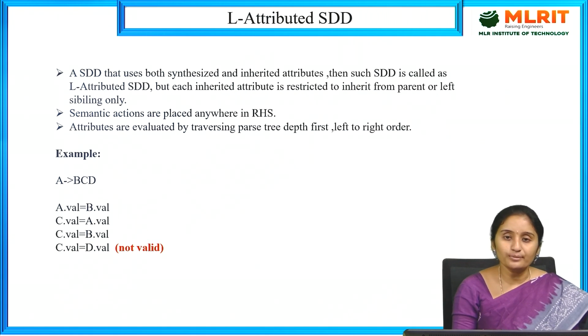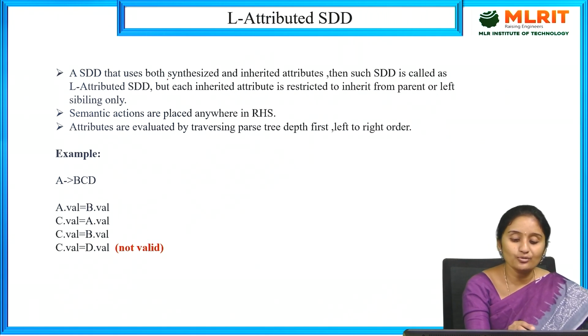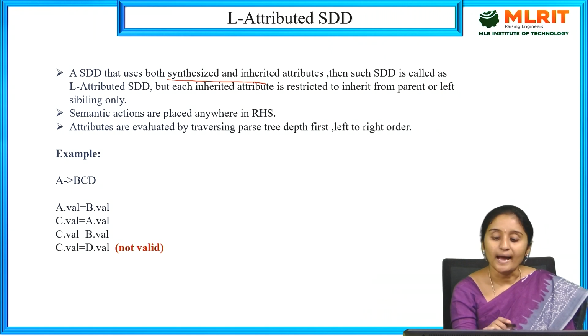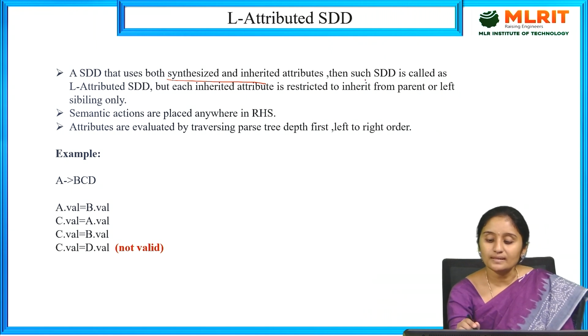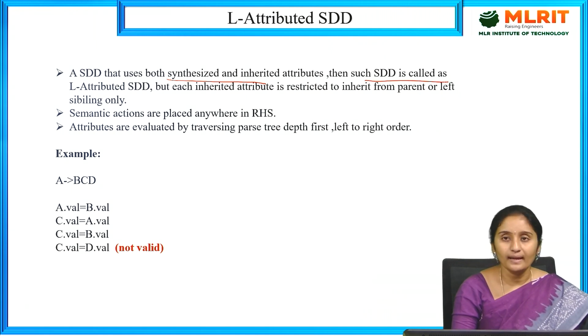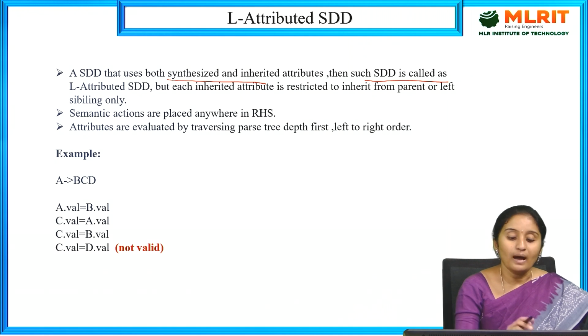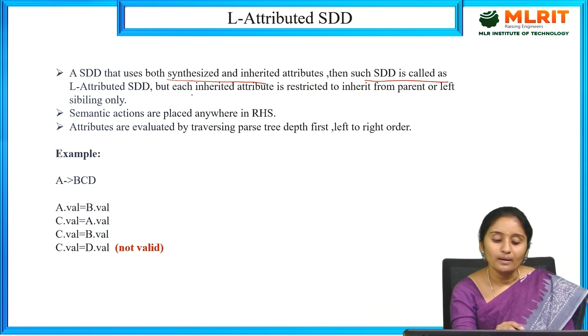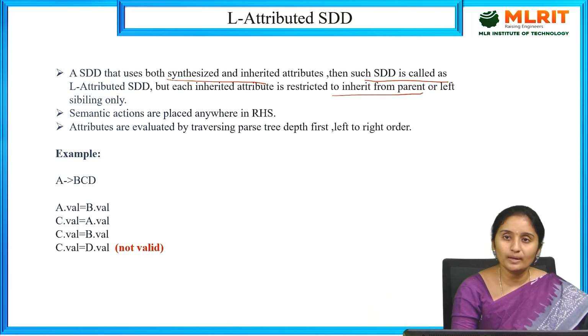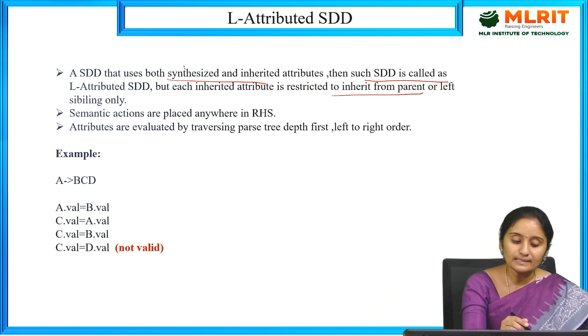Next, L attributed SDD. An SDD that uses both synthesized and inherited attributes is called L attributed SDD. But there is a constraint: each inherited attribute is restricted to inherit from the parent or left sibling only. So what is a synthesized attribute?